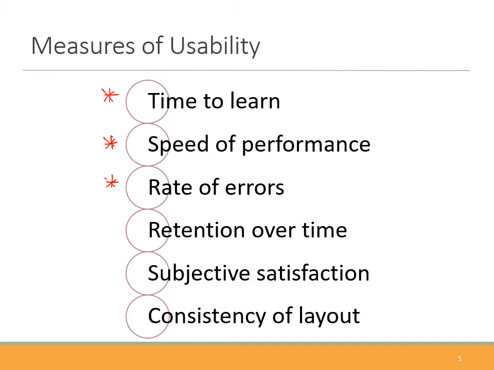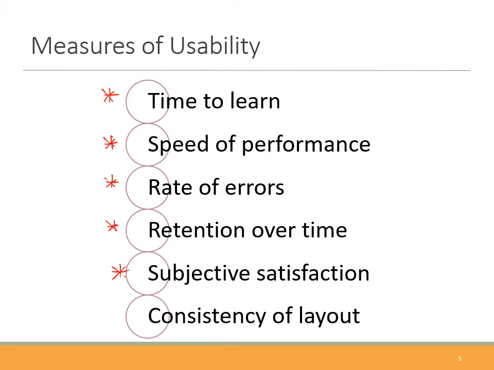And the fourth criterion discussed here is retention over time. That means after we learn how to use the system, and after a while of not using it, how long does it take for us to forget how to use it? That is the retention. If after another month we can still remember how to use it, that means the system is not too difficult.